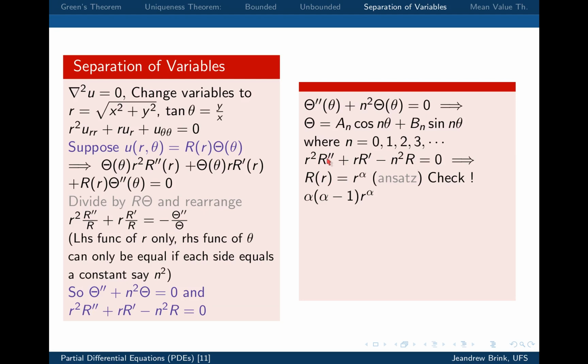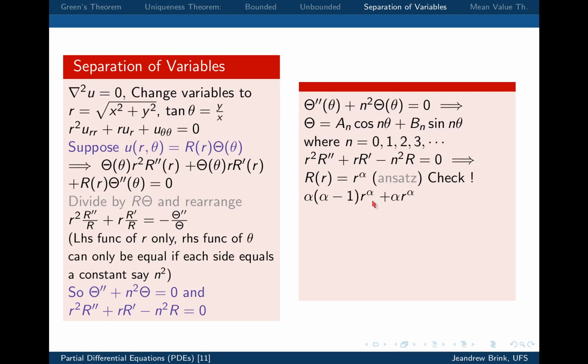Let's look at the first two terms. You have the two derivatives of R times R squared, which is alpha times alpha minus 1 times R to the alpha minus 2 times R squared. So that's your first term.